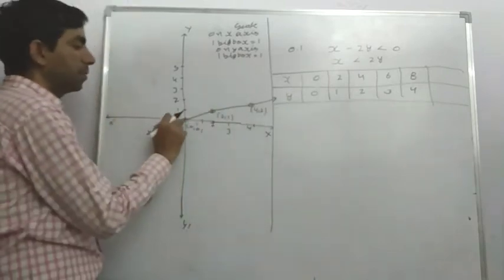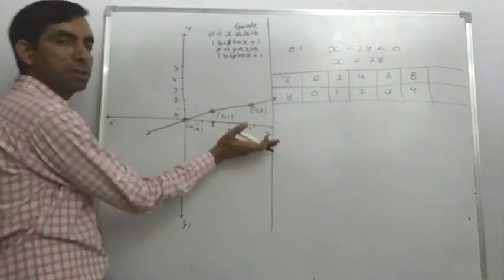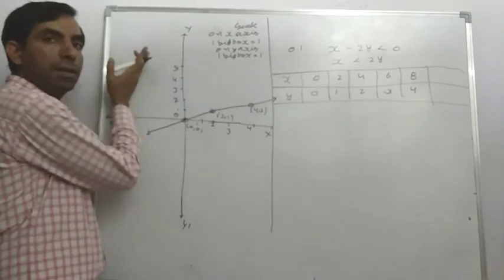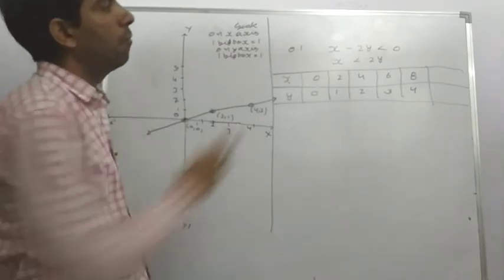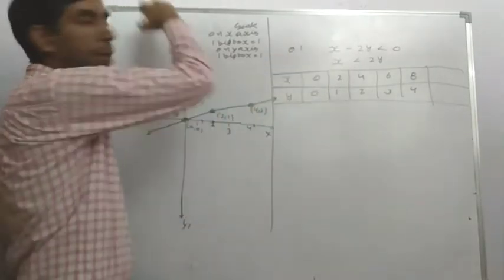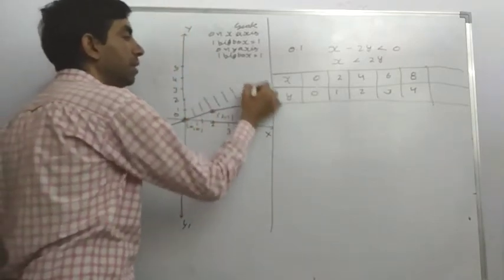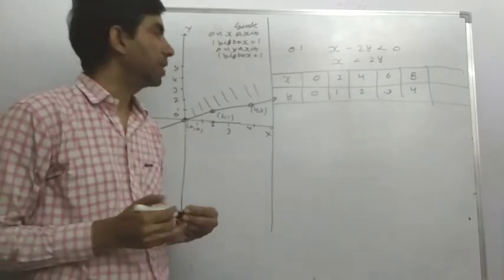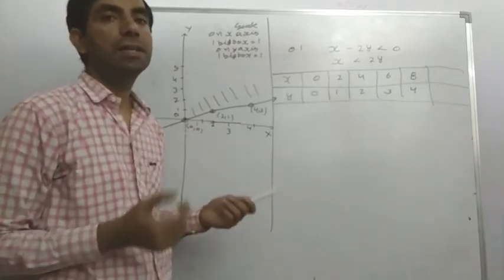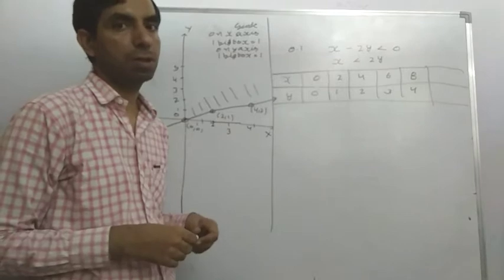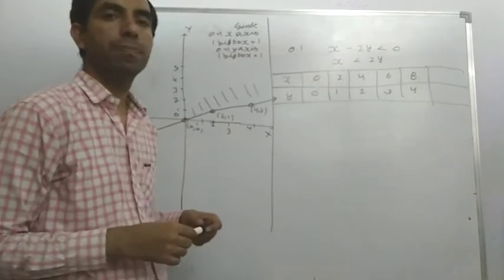Here x is greater on this side, and the greater and less than are the upper side, and both of them will be shaded on the upper side. By this method we can easily solve less than and greater than graphical solutions.